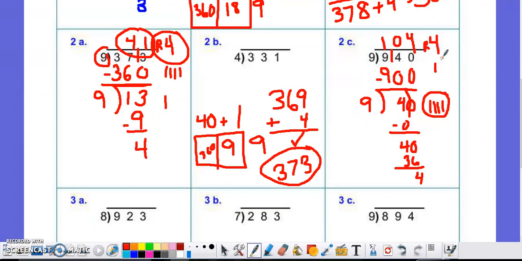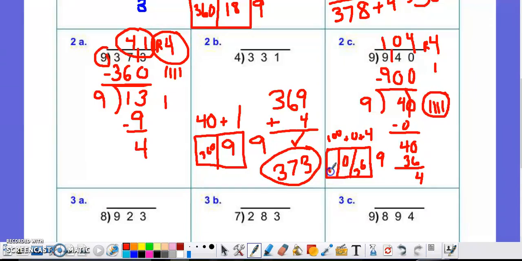How do you check? I take my divisor 9, and I multiply it by my quotient 104, which again, in this case, because it's a 3-digit quotient, I'm going to set up the area model for 100 plus 0 plus 4, multiplying that by 9. 9 times 4 is 36. 9 times 0 is 0.